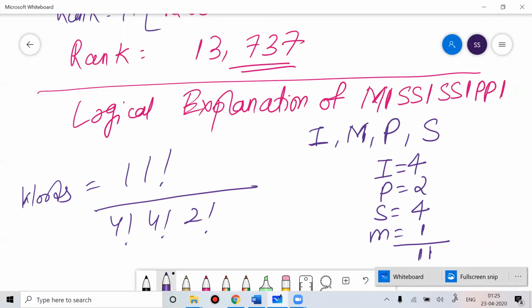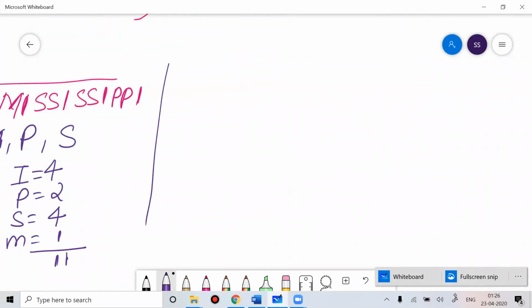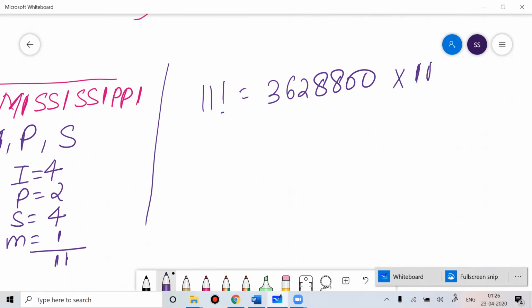I know 10 factorial, remember, 10 factorial is 3628800. If I multiply with 11, I can get 11 factorial. I can apply Vedic maths.